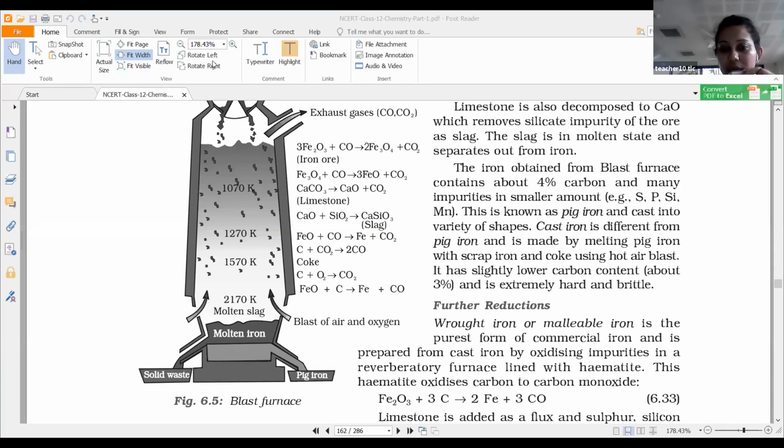Excuse me, ma'am, are there chances that molten slag and molten iron might mix? No. At a stable temperature, because if you change the ratio, it is possible. You are taking ore in a large quantity, but you are adding calcium carbonate in a lesser quantity. Why is it so?